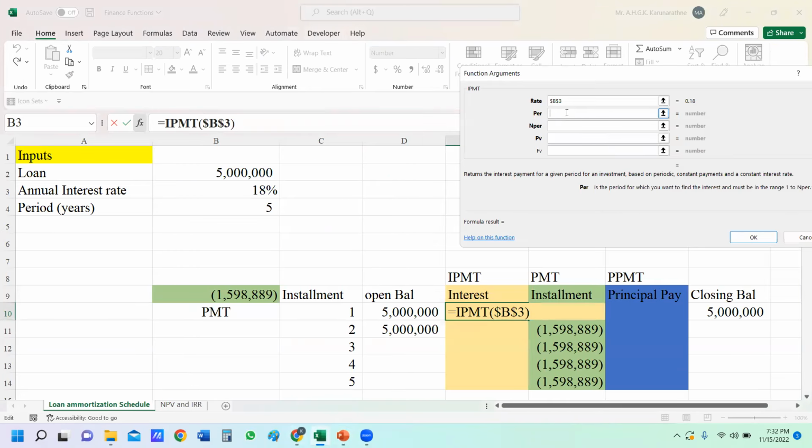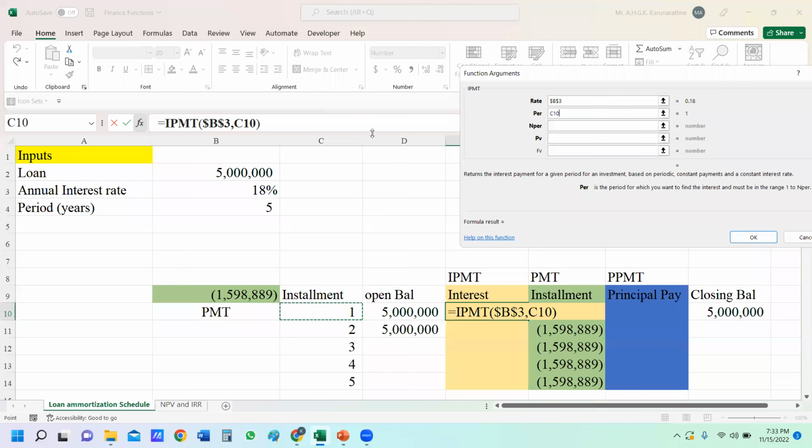PER. PER means the period, which we enter from here. Only this PER we enter as a relative figure. Very important. Only the PER cell, leave it as a relative cell. All other cell values should be made constant, fixed, absolute values.